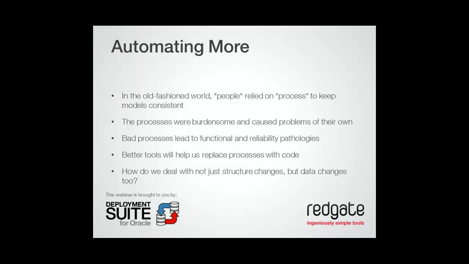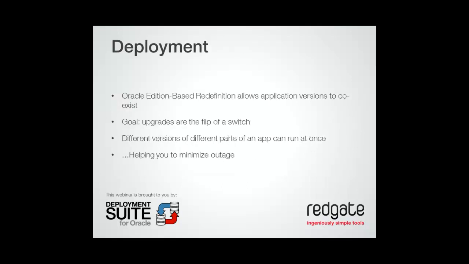Yeah, the edition-based redefinition, which is something we're really excited about exploring. I think it's early on in its capability, but I know Oracle's excited to apply it in EBS or eBusiness Suite upgrades where they can do this. They can pre-deploy a whole new set of schema objects ahead of time so that deployment isn't about making changes.